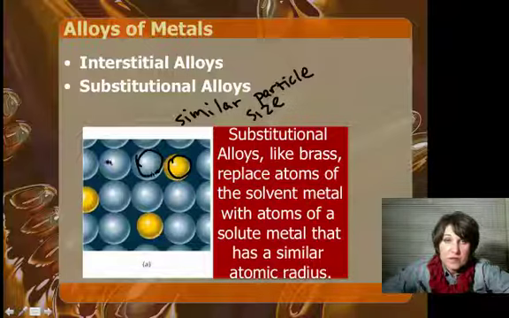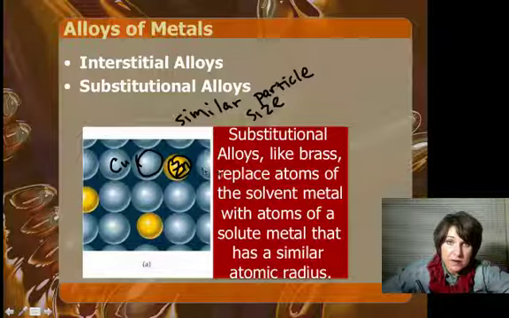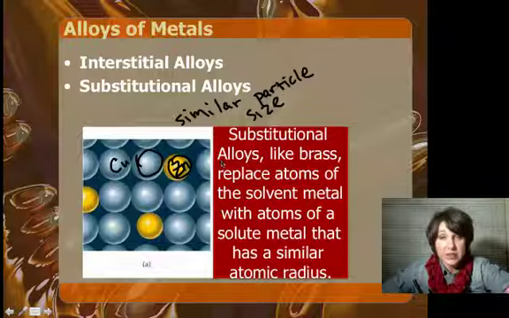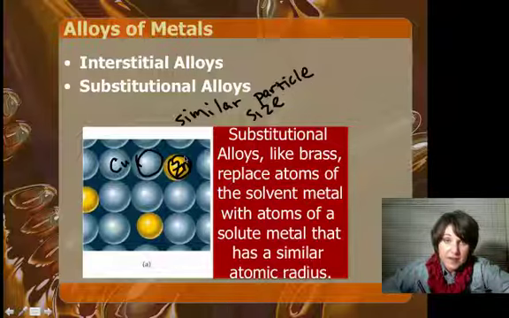In brass, we have mainly copper atoms, and then some of the copper atoms get replaced with zinc. So that's how we would make brass. Remember the penny lab where you made gold pennies last year? That was when you made a substitutional alloy, adding zinc into the atomic arrangement of the copper atoms in your penny.